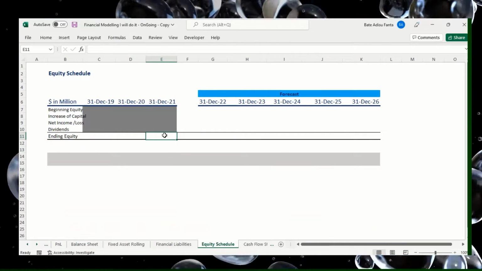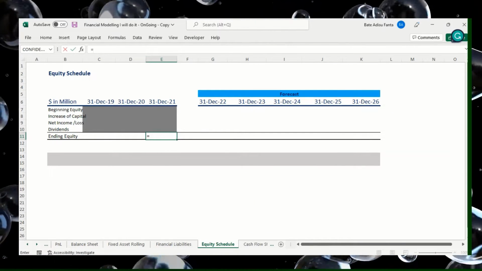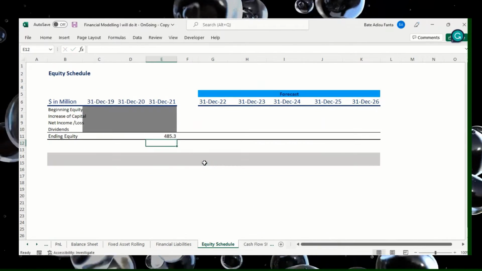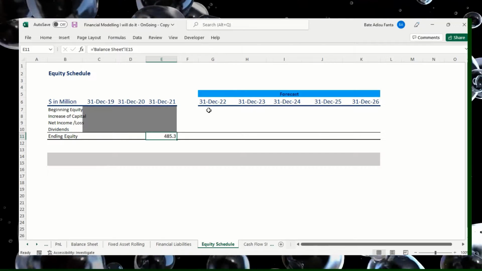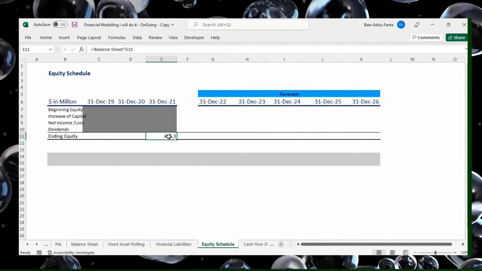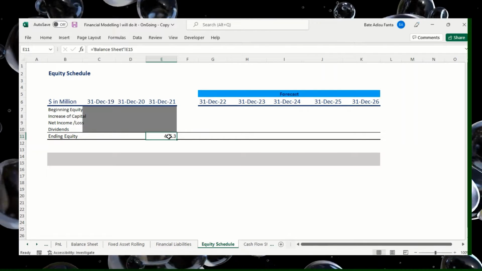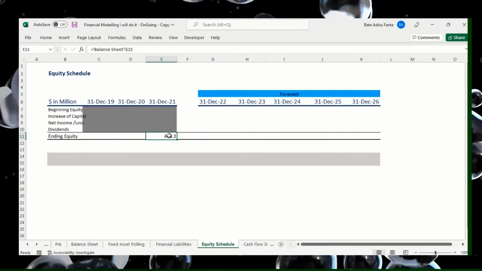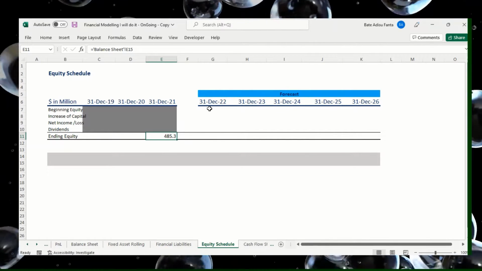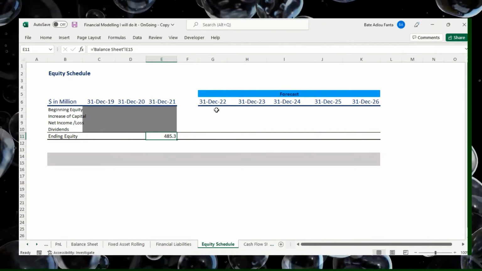To take it, I press the equal sign, go to balance sheet, click on it, and enter. So in the same way as we have discussed so far in the fixed asset rolling forward, the ending balance of the previous year is the beginning balance for the next year.